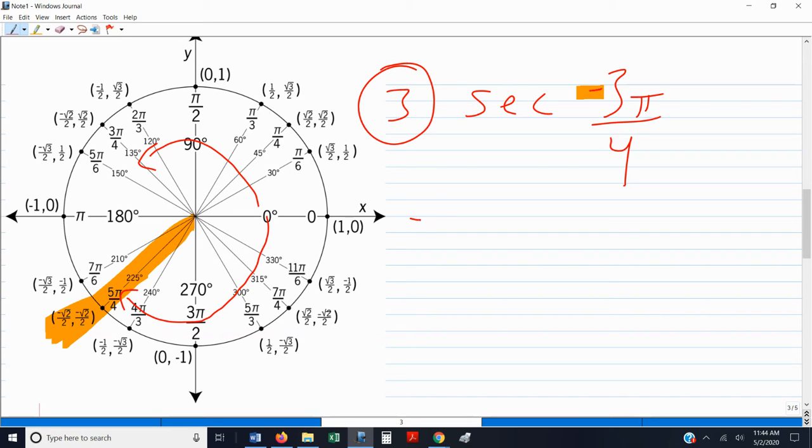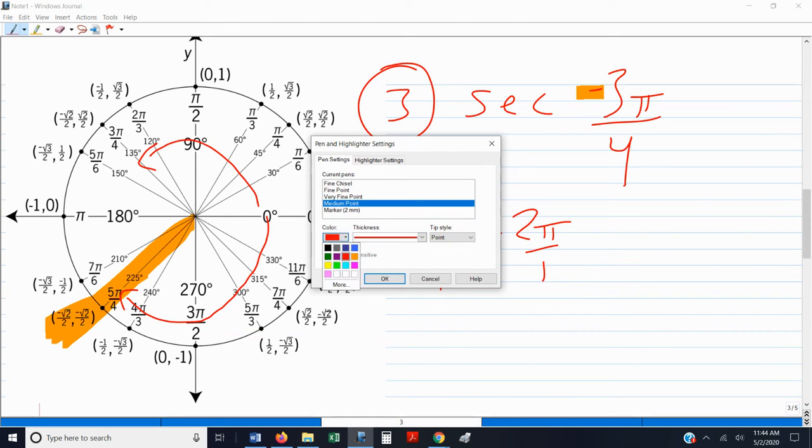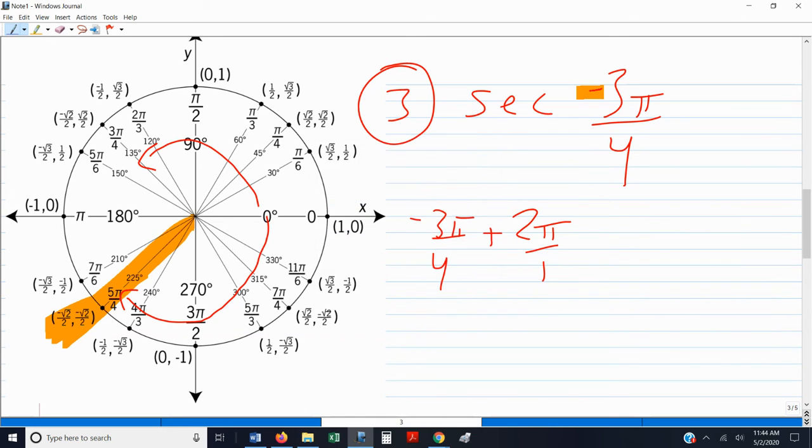The other way, if you wanted to have a positive angle, is that, remember, you can add. And since we're in radians, what would it be that we're adding? It's not 360. It's going to be 2 pi. And then you would need a common denominator. What would the common denominator be in this example? It would be 4.